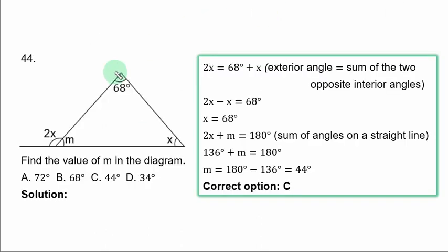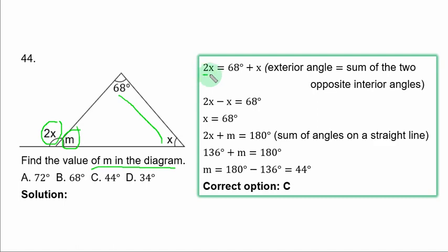Question 44. Find the value of M in the diagram. For us to get M, we need to get S first. Notice that this 2S is equal to the sum of 68 and S. That is, exterior angle equals the sum of the two opposite interior angles.